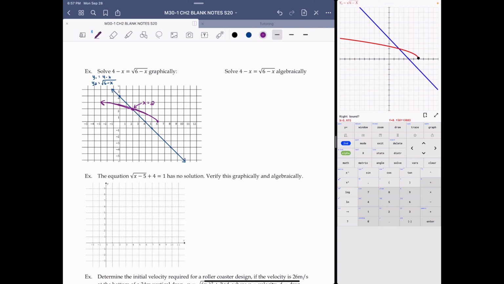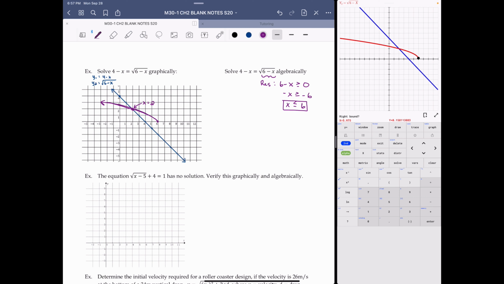Do our restrictions first. 6 minus x has to be greater than or equal to 0. Subtract 6, negative x has to be greater than or equal to negative 6. Divide by -1, which flips the inequality sign. x has to be less than or equal to negative 6 divided by -1, which is positive 6. Those are our restrictions.